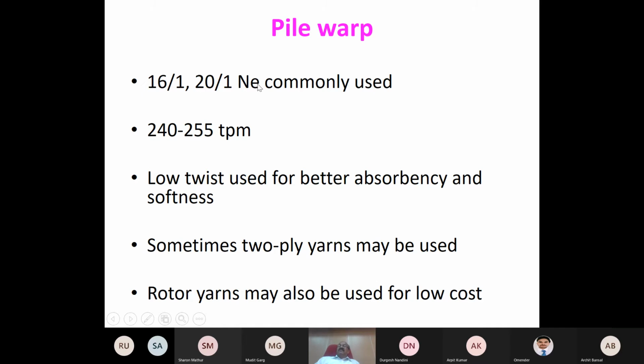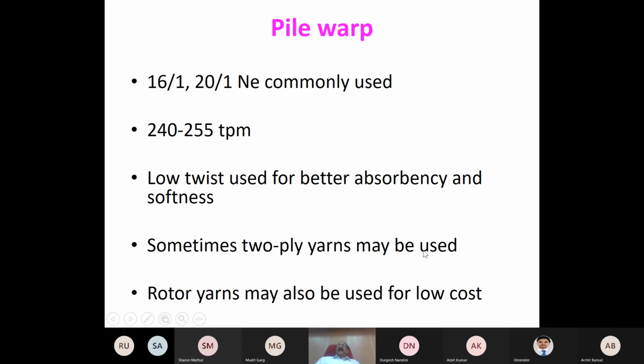If it is 2-ply yarn, then it will be a harsh towel with low absorbency. It does not mean we don't produce 2-ply pile. We do, but most towels are preferred to be produced using single, low twist yarn. This low twist facilitates better absorbency and softness.